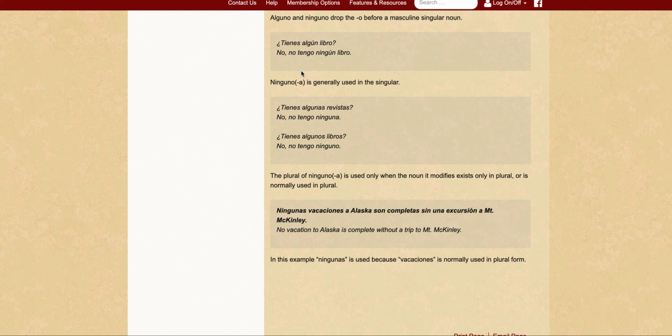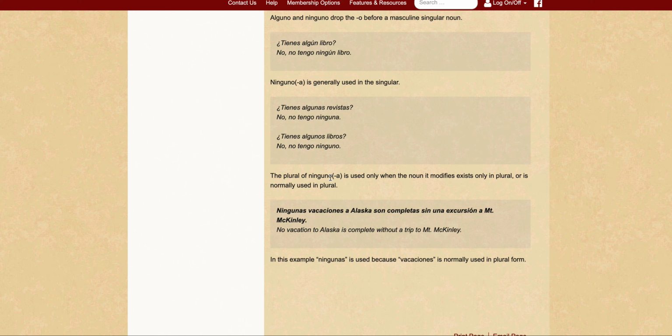So they're normally used in the singular form, right? That's what I mean. Ninguno and ninguna are normally used in the singular form, and the plural form is only used in some cases.